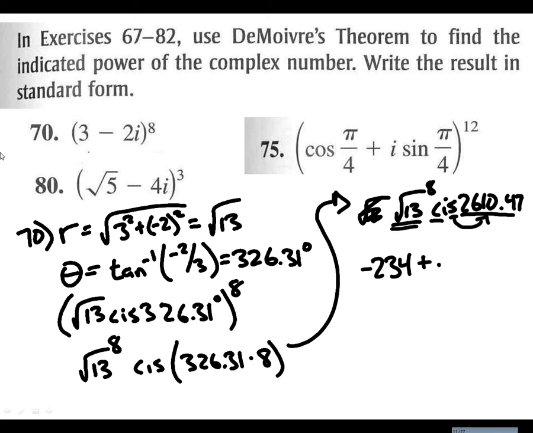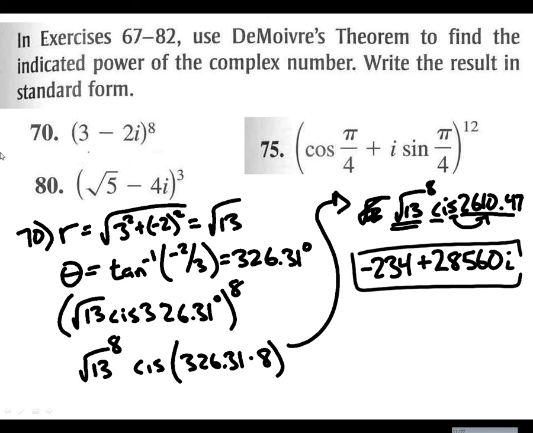If you do that correctly, you'll end up with 28,560. And remember, this is the y term, the imaginary term, so that's going to be i. All right, let me erase this, and we'll do 80.